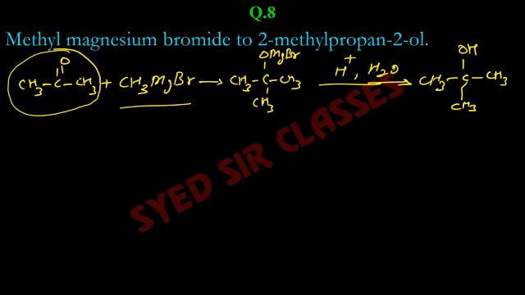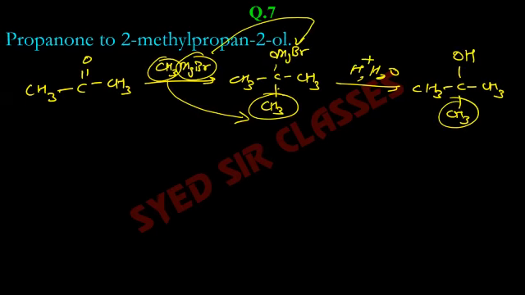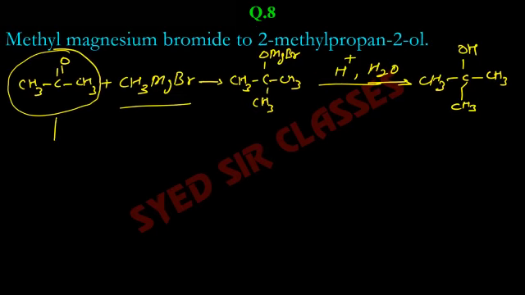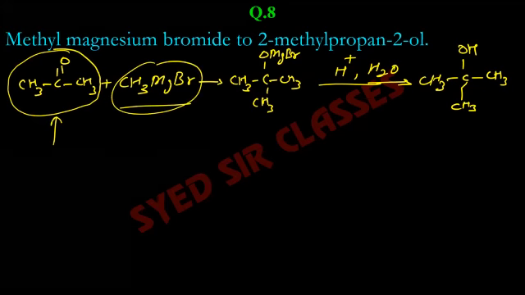Instead of propanone, CH3MgBr, the Grignard reagent, is given.